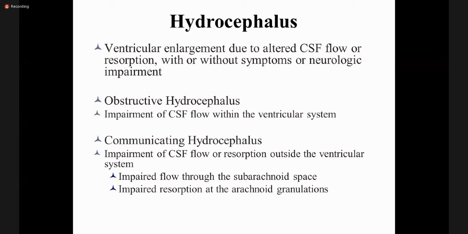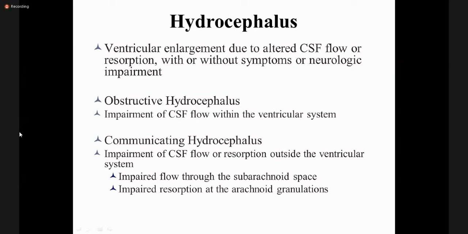Ventricular enlargement due to altered CSF flow or resorption with or without symptoms or neurological impairment. It depends on how much CSF is accumulated, how much the ventricular system becomes enlarged, then according to that symptoms will appear, or maybe the patient has a silent hydrocephalus without any symptom.